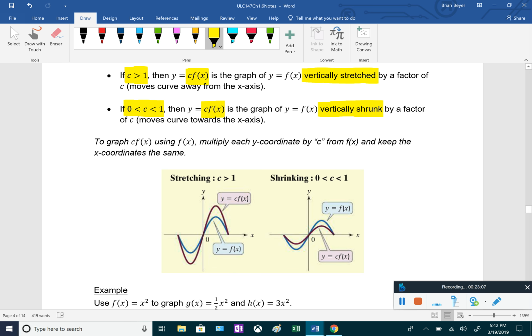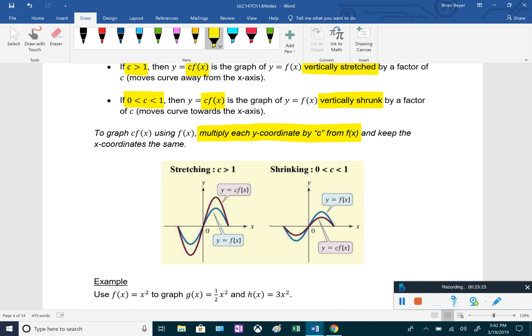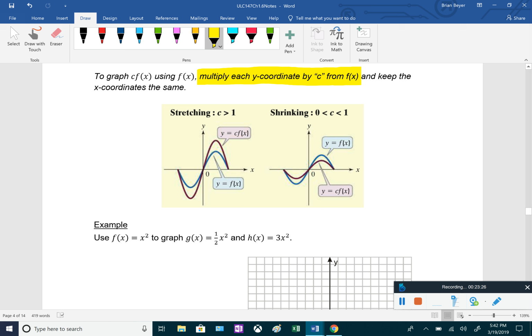Okay, so if we're graphing these, to graph the function c times f of x using our basic function, what we're going to do is multiply each y coordinate by c from f of x and keep the x coordinates the same. So you can see in this little graph how this happens.